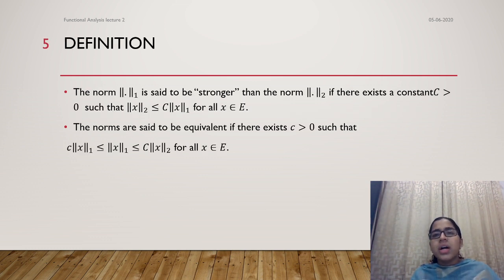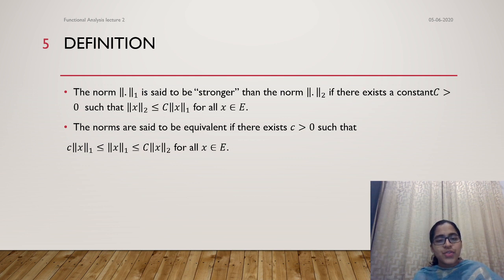Next, we are going to define the concept of stronger or weaker norms. For that we have to consider two norms. The definition is as follows. The norm 1 is said to be stronger than norm 2 if we can find some constant c greater than 0 such that norm x2 is less than or equal to c into norm x1 for every x belonging to the linear space E. Similarly, we can define the equivalence of two norms.